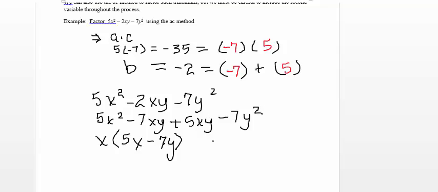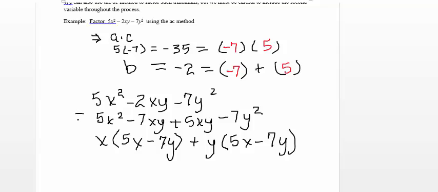Now, whatever GCF I pull out of the last two terms, it's got to also multiply by 5x minus 7y. So I'm really asking myself, what multiplies times 5x to give 5xy? And what multiplies by negative 7y to give negative 7y squared? And it turns out the result is a positive y.